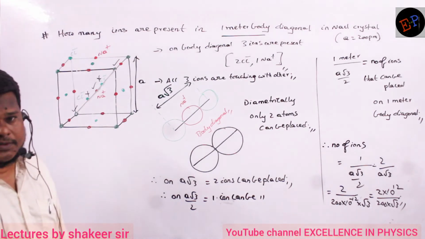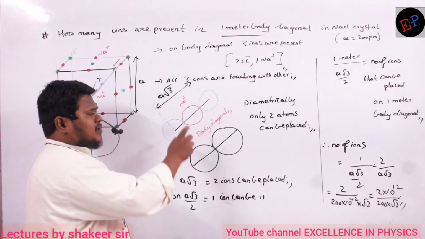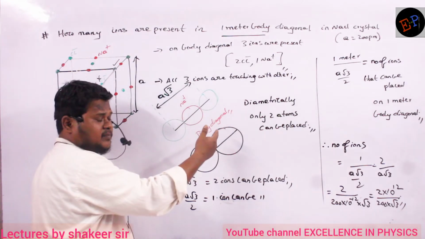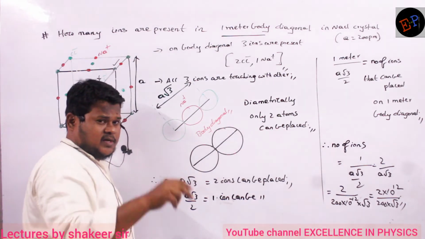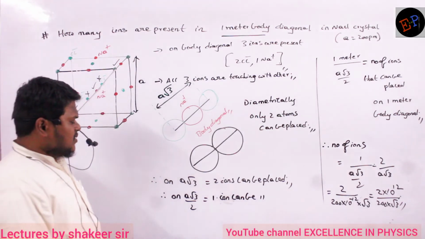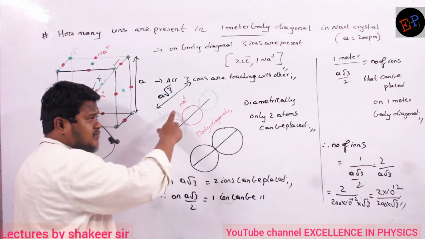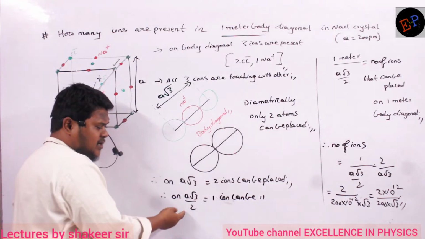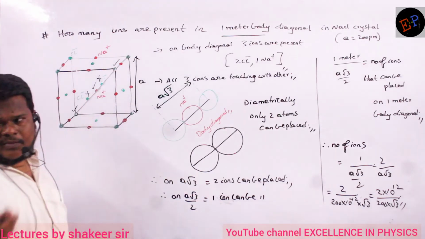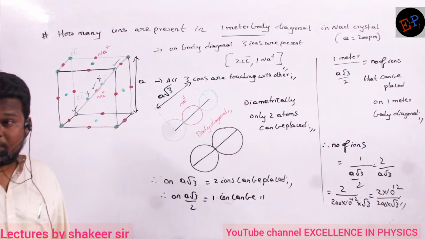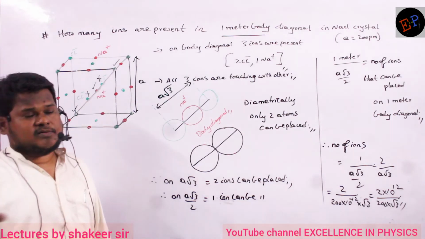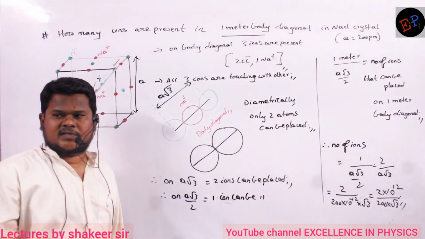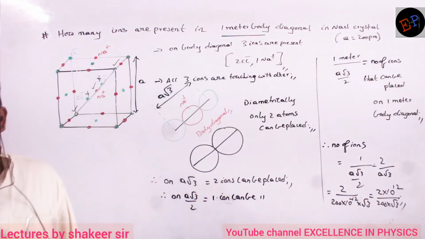Actually, 3 ions are touching, but diametrically only 2 ions can be placed. So on A root 3, which is called the length of the body diagonal, only 2 ions can be placed, and divided by half, only 1 ion. But how much length do I have to consider? 1 meter. So divide 1 meter by the diameter of each ion, and you will get the number of ions which can be placed. That's all. Fine?